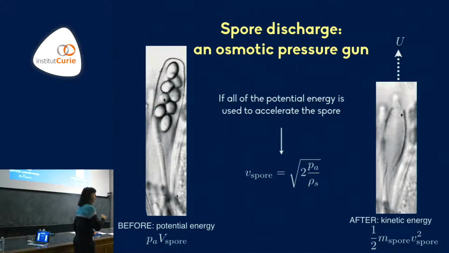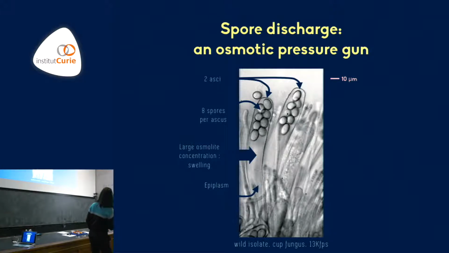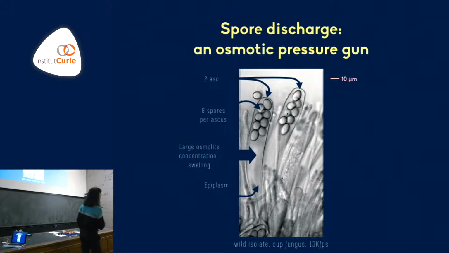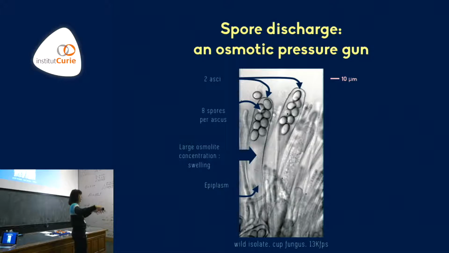What was the spore on the top of the... This guy? The top of the other one. The tip. Oh, this one. Yeah. So the way we did these experiments is you take a fruit body, you squash it, so some spores get ejected, and then we randomly found one.